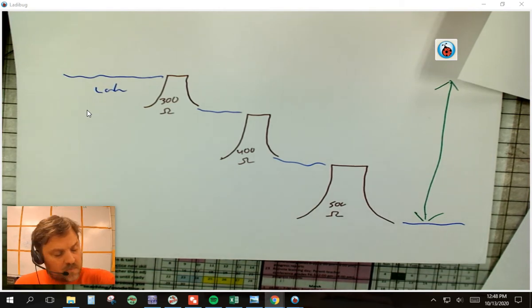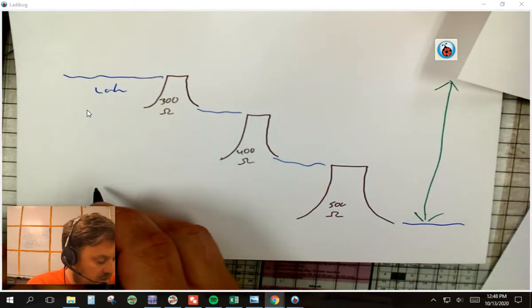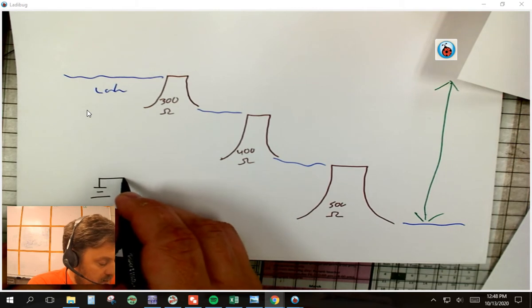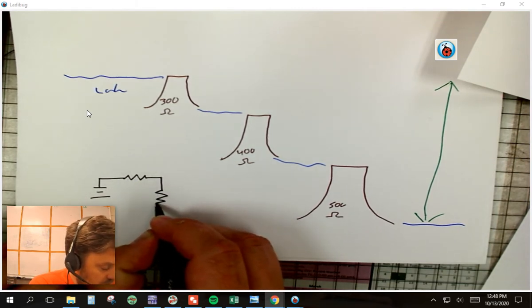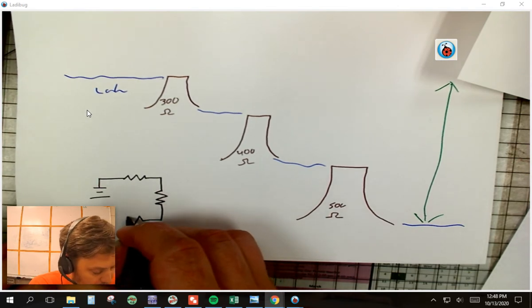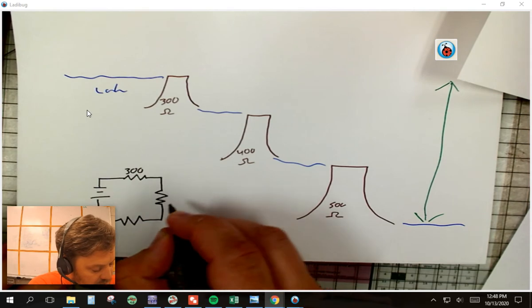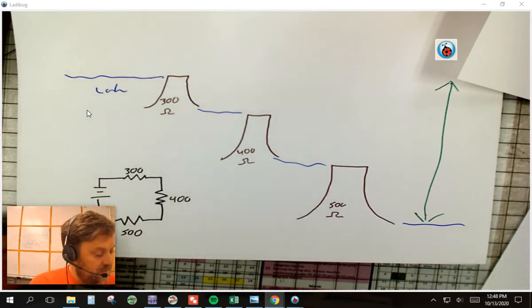And let me just draw out the circuit, if I was going to draw this schematically: I have a battery and I have a resistor, and I have another resistor. So this one would be 300, this one would be 400, and this would be 500. Okay.